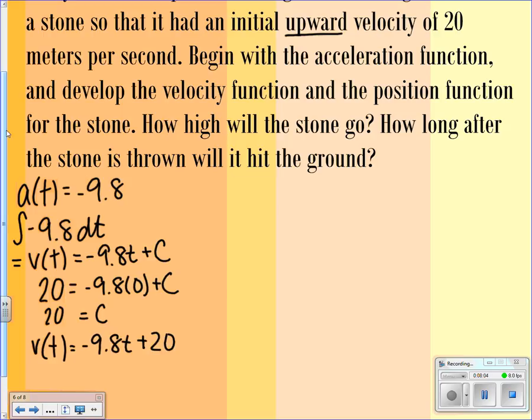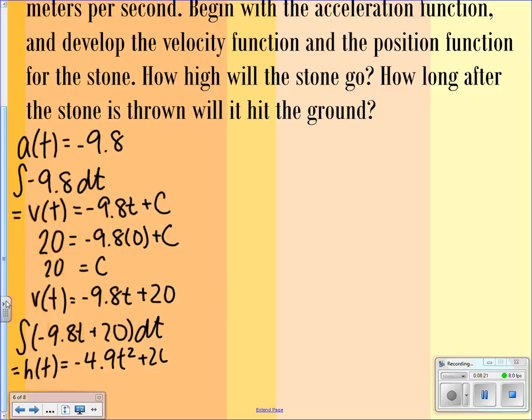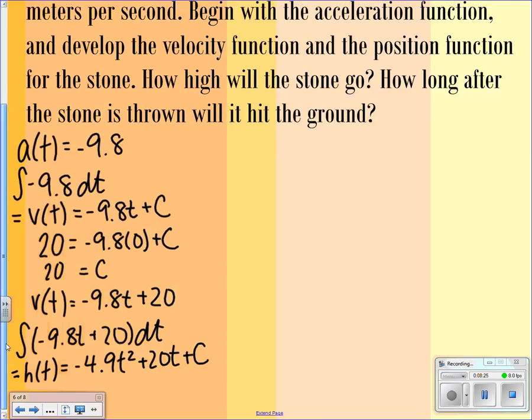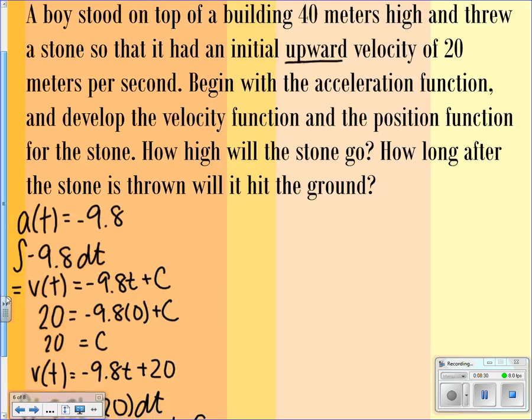Now we're going to integrate that. So the integration of negative 9.8t plus 20 with respect to t, that's going to be our position function, which is negative 4.9 t squared plus 20t and then plus c. And it says, looking back up here, a boy stood on top of a building 40 meters high.